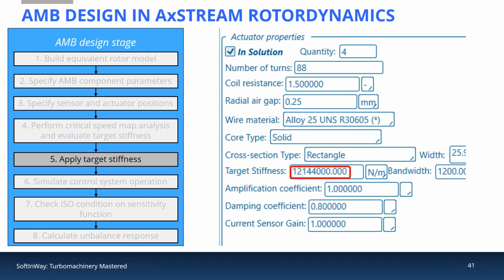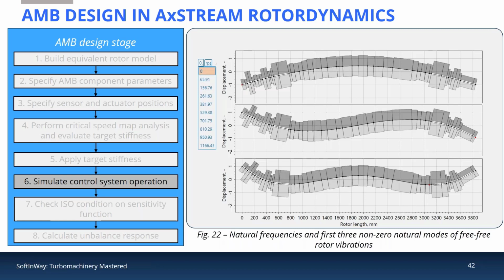The actual stiffness is controlled by the control system, but we need some reference value which allows us to eliminate a lot of resonances, to have such a point on our critical speed map which is free of resonances in terms of the operational speed range. And then we initialize the solution process.